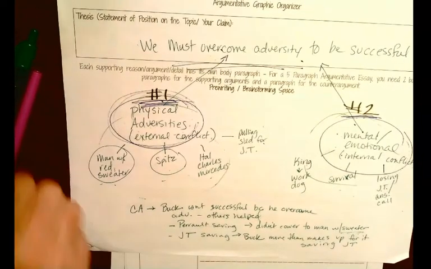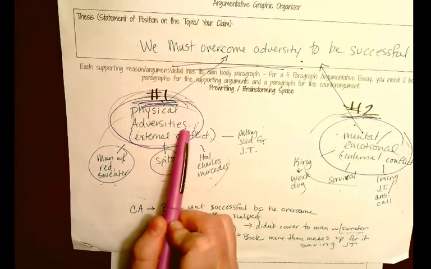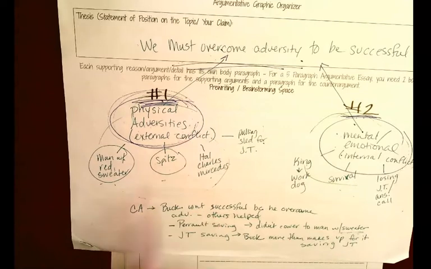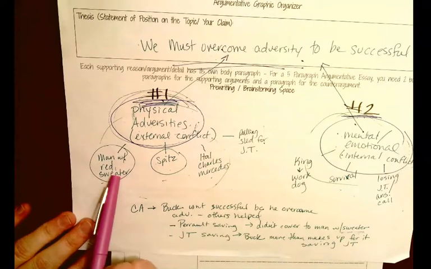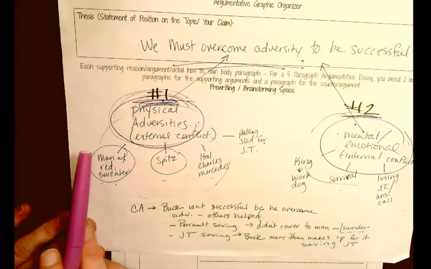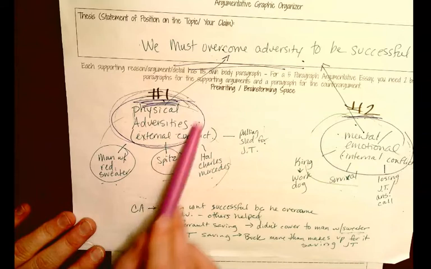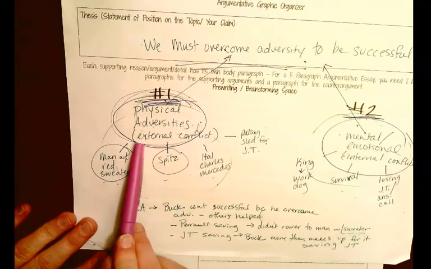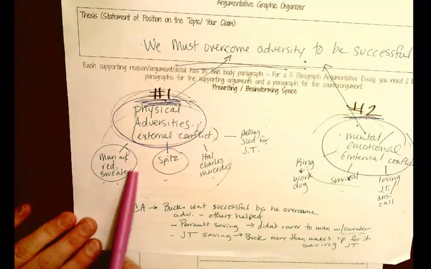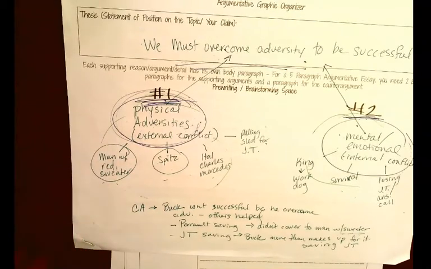My first body paragraph is all focused around the physical adversities, the external conflicts that Buck overcomes and therefore gains success throughout the story with those adversities. So the first point that I will make will be the physical adversities and how it's necessary for Buck to overcome those. And the first example that I'll use is the man in the red sweater.